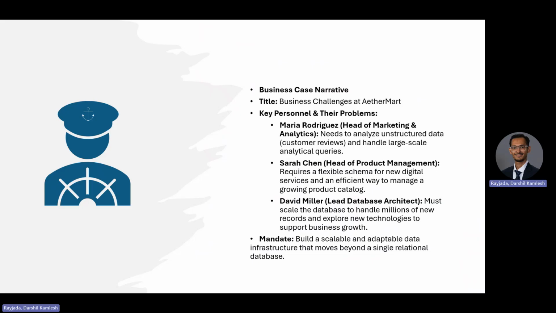So at AetherMart, we identified three key people with pressing challenges. Maria Rodriguez, head of marketing and analytics, struggles to analyze unstructured data like product reviews, which don't fit neatly into relational tables. Second, Sarah Chen, head of product management, who needs a flexible schema so she can quickly add new digital services or expand product categories without breaking the database.